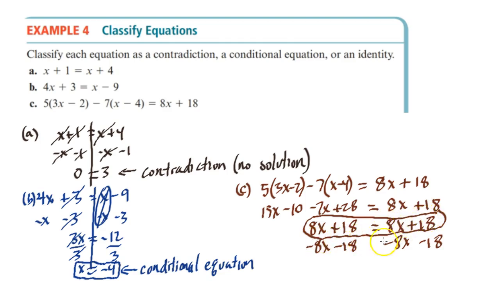But also, if you were to just continue on, if you didn't notice that you're done here, you'll notice that everything cancels out when we subtract. And then we get 0 equals 0. If you end up getting 0 equals 0, which is true, it's always true, then this is the identity property.